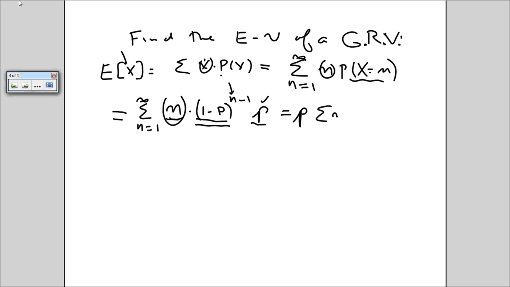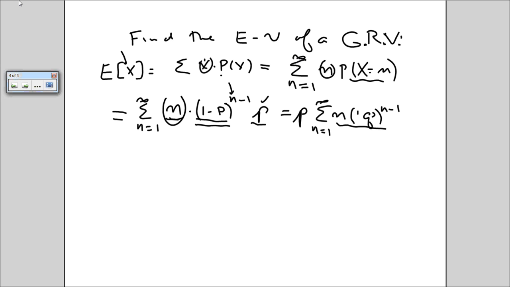We have the summation of n times 1 minus p to the n minus 1, and it goes from 1 to infinity. Now, if you look at that, that's the derivative. Well, to make things a little bit simpler for right now, we call 1 minus p q.